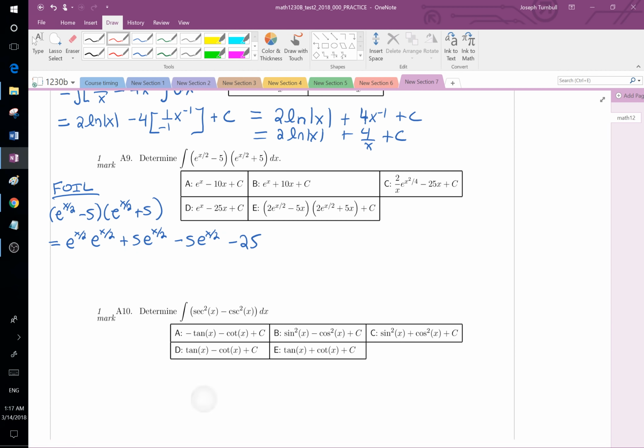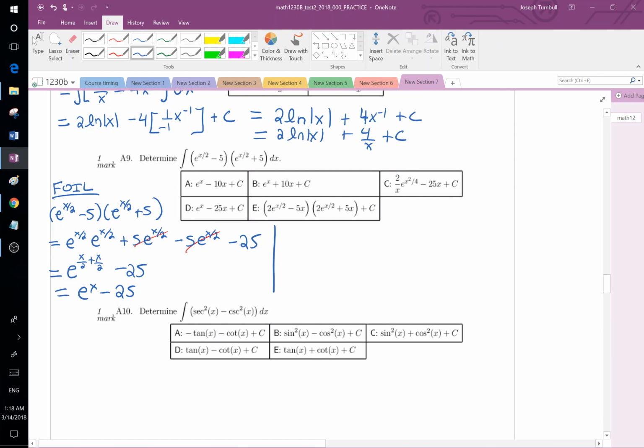So the middle two terms destroy each other, and we have e to the something times e to the something else. The exponents are going to add. The x over 2 plus x over 2 minus 25, which is e to the x minus 25. Half of x plus another half of x is a whole x.